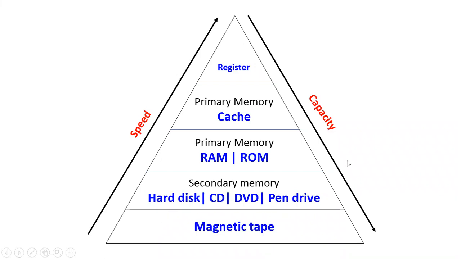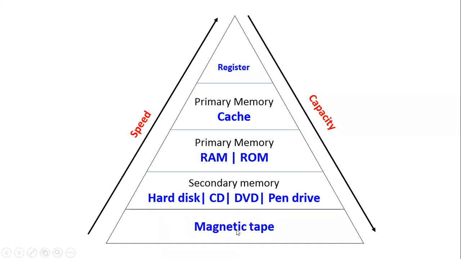Then the arrow direction is downward on the other line on the right side: the capacity of each of these memory types is increasing. In the triangle showing the memory types, the lower two layers are secondary memories. In the lowest layer, the secondary memory is called magnetic tape.